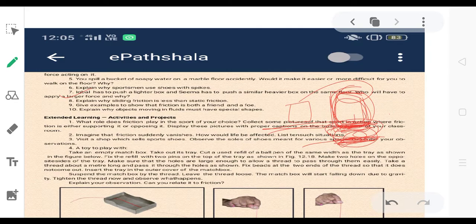So Seema has to apply a larger force to push the heavier box because the interlocking of irregularities on the surface of the box and the floor is strong as compared to the lighter box, because the two surfaces are pressed harder against each other. So the force required to overcome the interlocking is more in case of the heavier box.